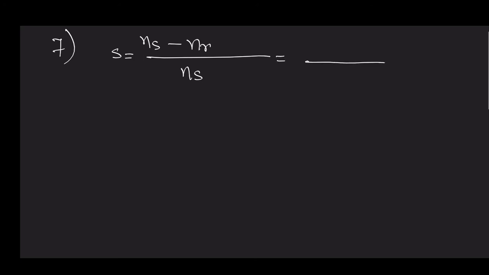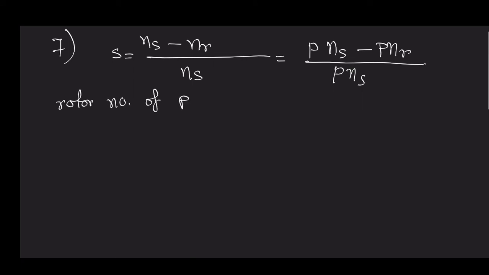In terms of poles we can write it like this: ns is equal to, we multiply both sides with P, and as I have mentioned, the rotor number of poles is equal to the stator number of poles.